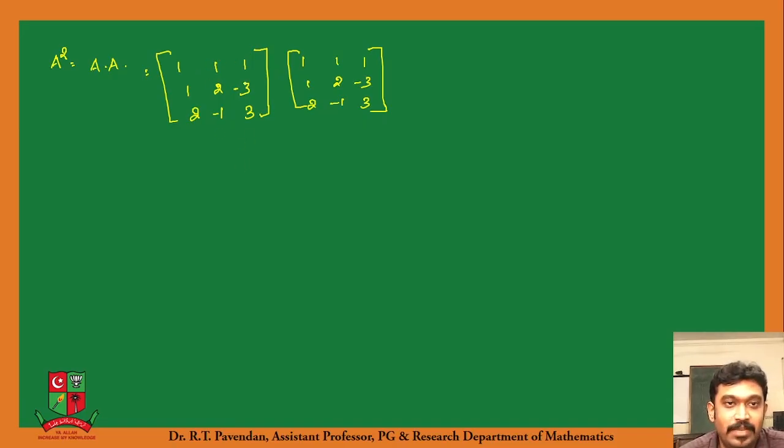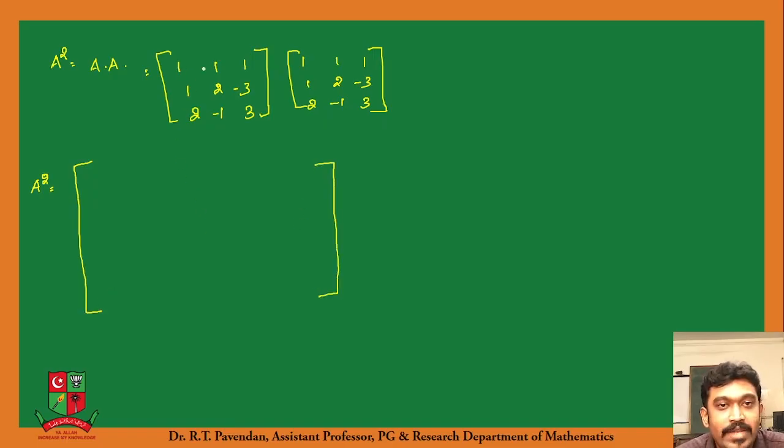Now we have to multiply this matrix with this matrix. So this we do by going term by term. So first row we have to multiply with first column element of the next matrix, second row with first column, third row with first column. That will give you the first row elements of A square. So A square is equal to, let me have a big matrix here.